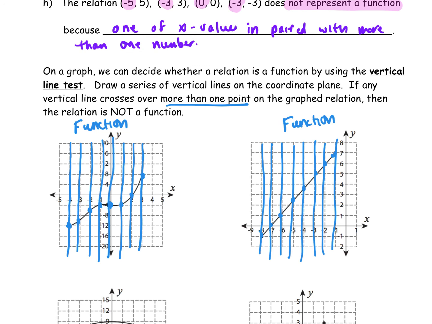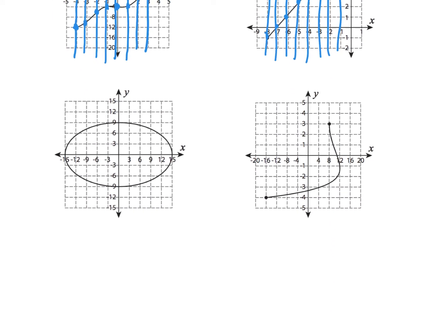Now let's explore a couple that are not functions. So if I drop a vertical line, it's kind of hard to tell, but it looks like this might hit several spots, but that one's not very clear. So let's drop another vertical line that's much more clear. Yep, this hits my graphed relation in 2 spots.